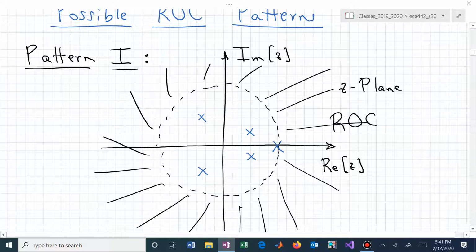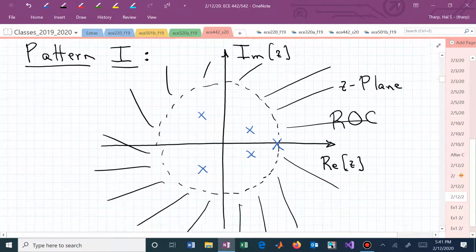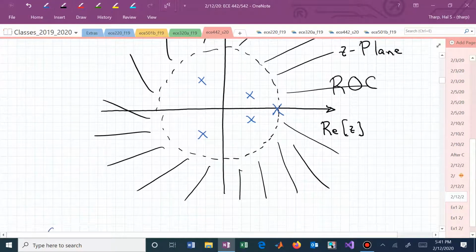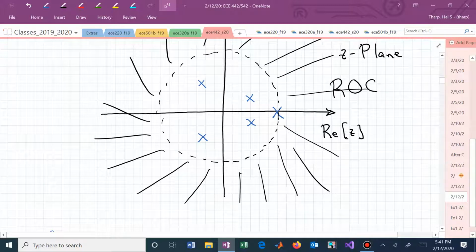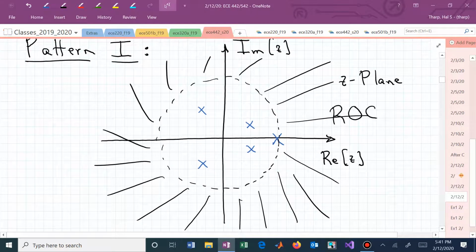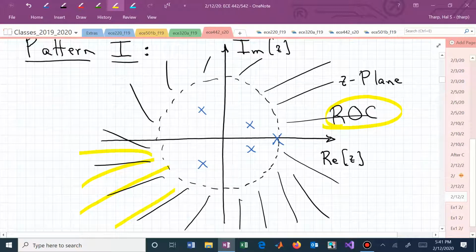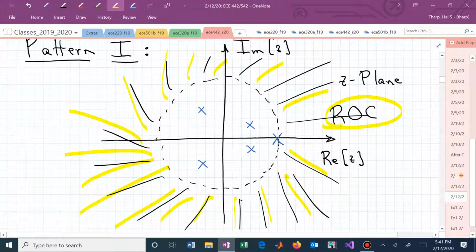This is now pattern 1, region of convergence. That's what these lines extending out are supposed to indicate. These are now the region of convergence. That's what this is supposed to be implying. So the region of convergence is out here beyond all of the poles.